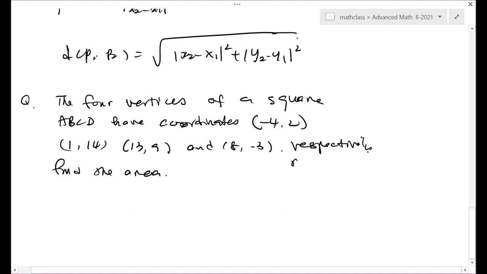Well, it's similar to finding the area of a triangle, but maybe there's a shorter way to do it. Think about this.